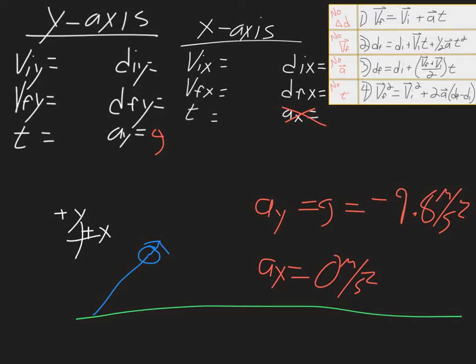And if it doesn't have an acceleration, then that means that my Vix and my Vfx are equal because we know that it's not accelerating, which also means that it's a constant velocity problem instead of a constant acceleration problem.